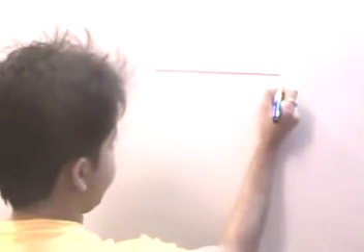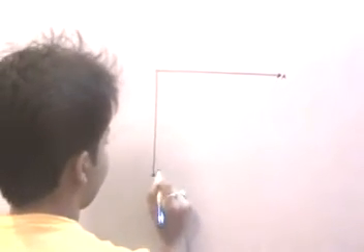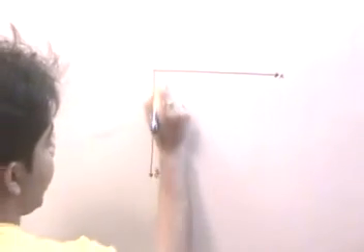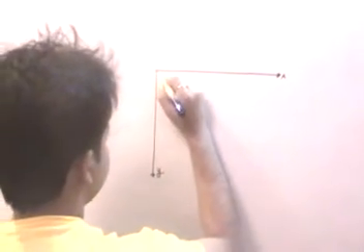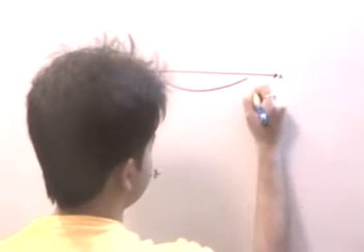Now let us assume that this is my x-axis and this is my y-axis. I have a beam aligned to the x-axis, and let us suppose that it is subjected to some sort of non-uniform bending, and the elastic curve is like this, right?